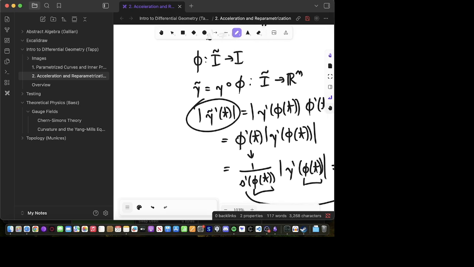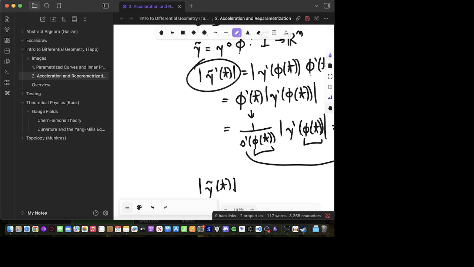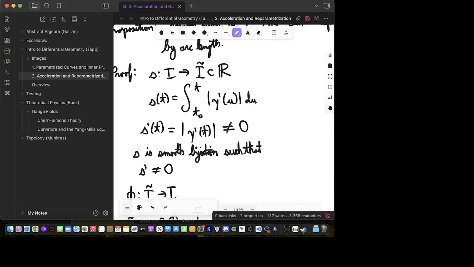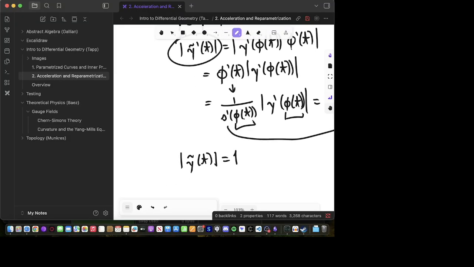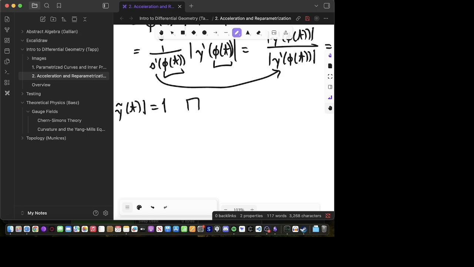Therefore, this is equal to 1. So what we're saying is the speed of a reparametrization is equal to 1. And therefore, we have found a reparametrization for any regular curve such that its speed is equal to 1. And therefore, we have completed the proof.